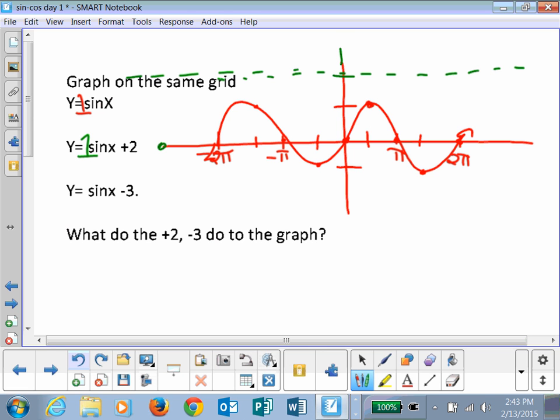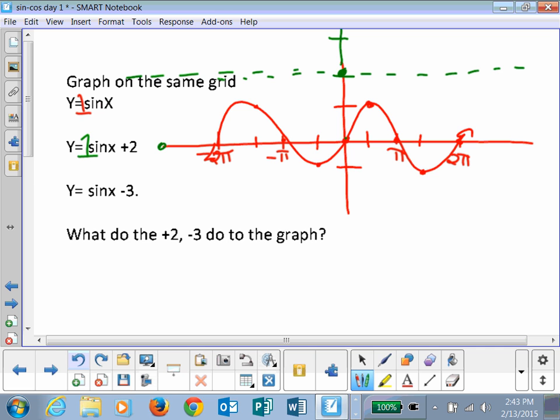So I need to give myself 1 extra tick. And we just want to remember that the sine of 0 is 0, and then we add 2 units, so we're at 2.